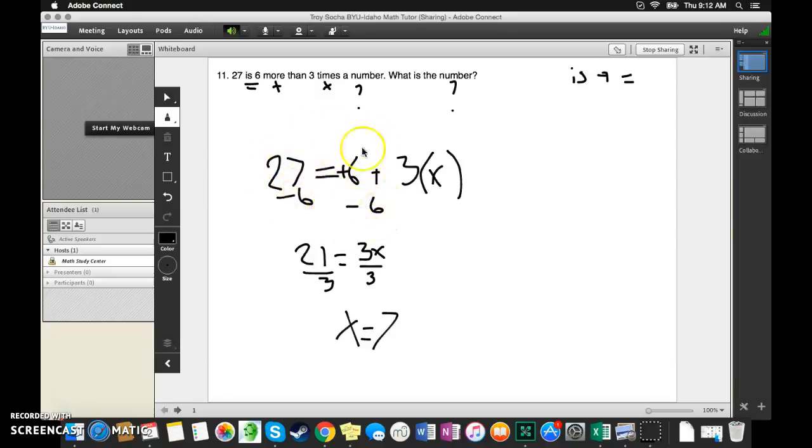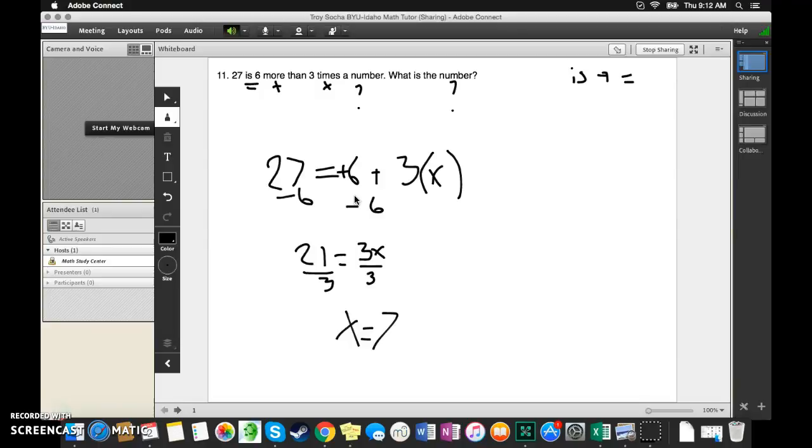So the best thing to do is actually minus the 6 first. That's what you have to remember. Always do your addition and subtraction first when you're working an equation backwards, because we're working through the order of operations backwards. So 6 plus 3x, then divide by 3. When we divide by 3, that gives us 7.